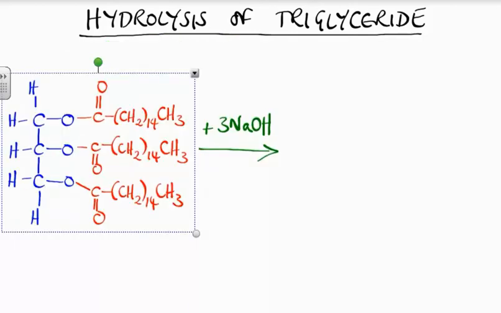The method of hydrolysis, though, using sodium hydroxide: when the ester links break, we will indeed go back to our glycerol, but we just need to be careful about the carboxylic acids. So here's our glycerol.